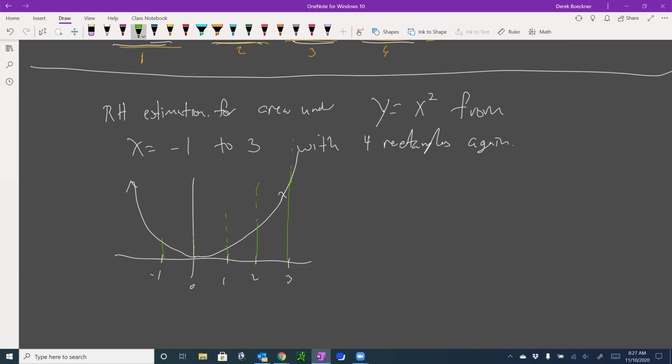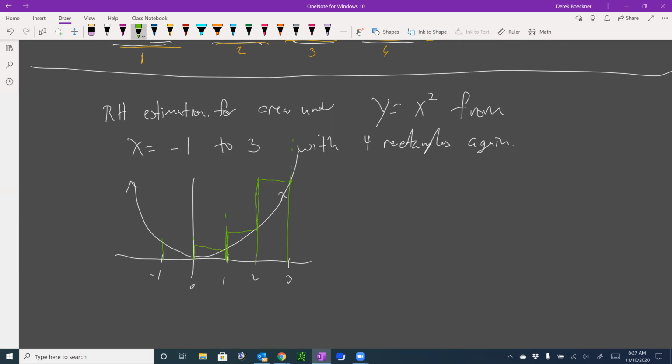So I'm going to come up to where the graph crosses this vertical and move over. And that's going to be an overestimating rectangle. Then the next right-hand side of a rectangle is here at 2. I'm going to come over. That overestimates this one. This guy comes over, down.